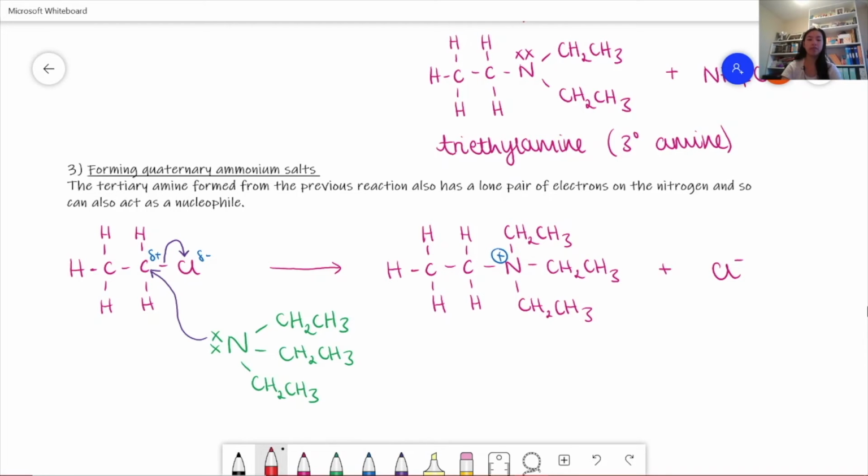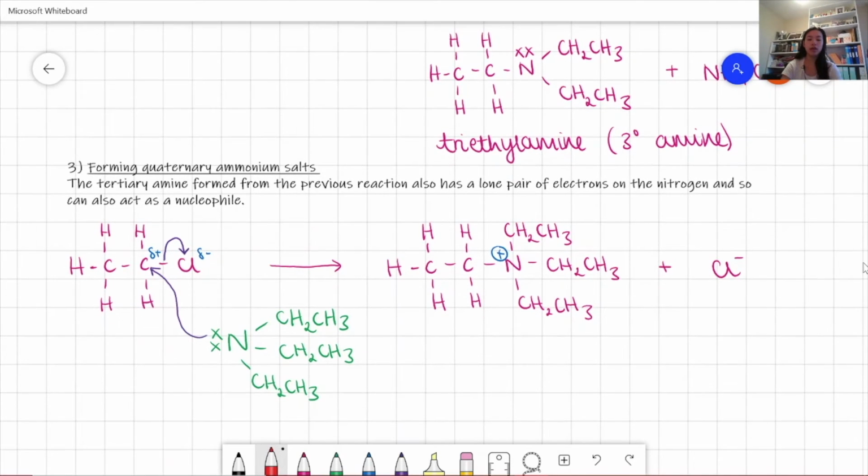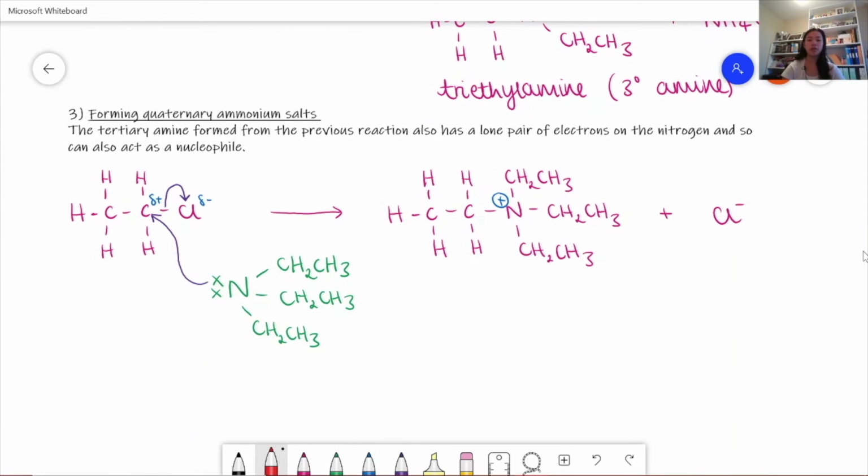So this bit here is our quaternary ammonium salt, and how we write it is CH2, CH3, 4, and then the nitrogen, which is a plus, and then Cl, which is a minus.